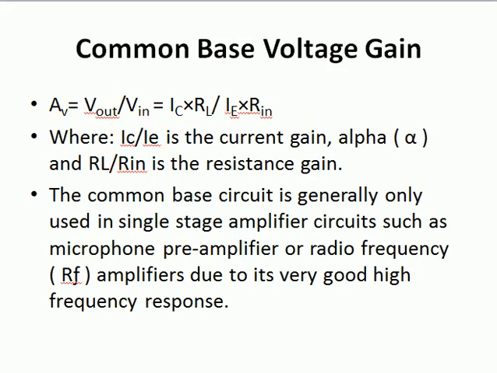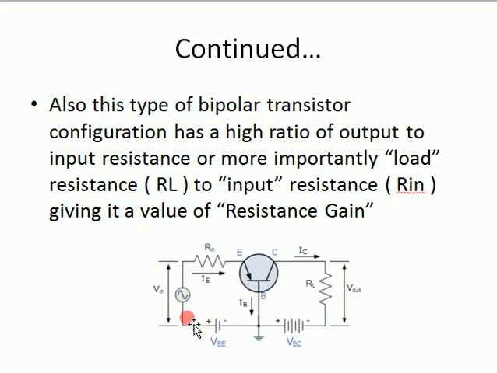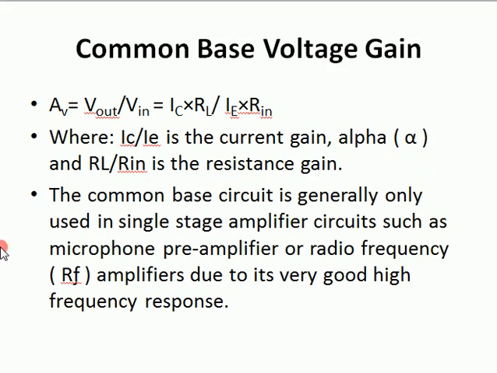And what is the input? Input is here across the Rin resistance and IE is flowing in it. So IE Rin is the input voltage Vin, where IC over IE is the current gain, that is known as alpha, and RL over Rin is the resistance gain.